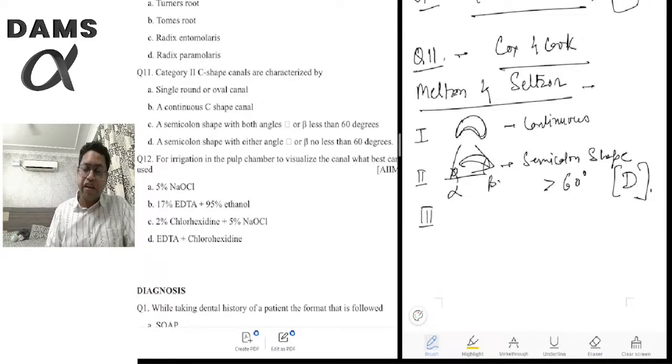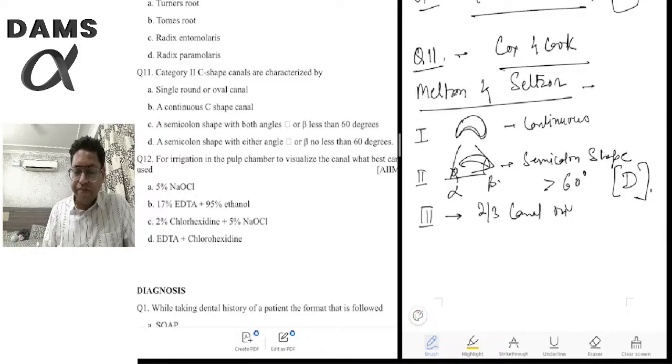Okay. If we look at the other C shapes, here 2 or 3 canal orifices in a C shape are present with both angles alpha and beta less than 60 degrees.